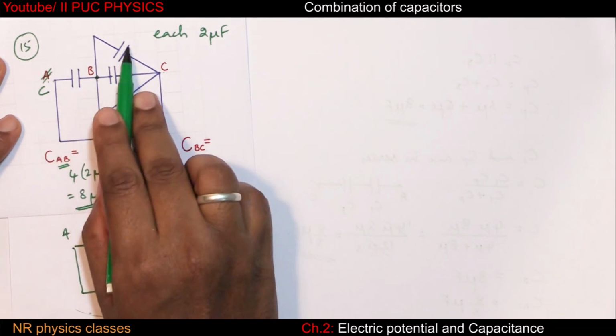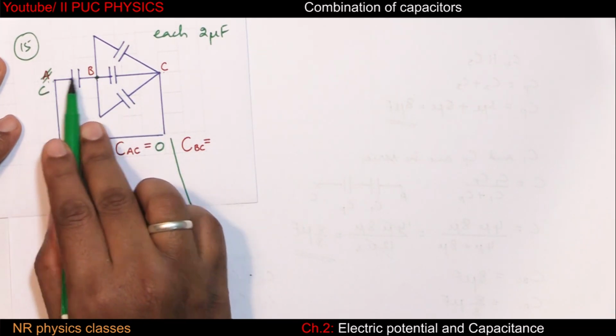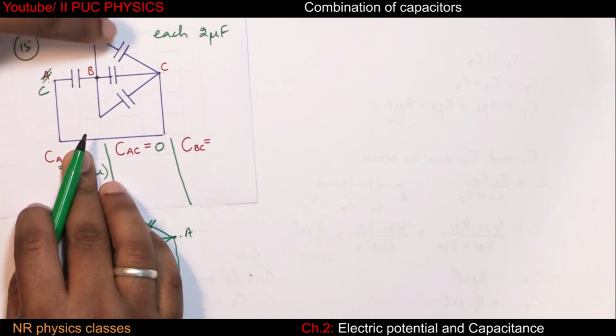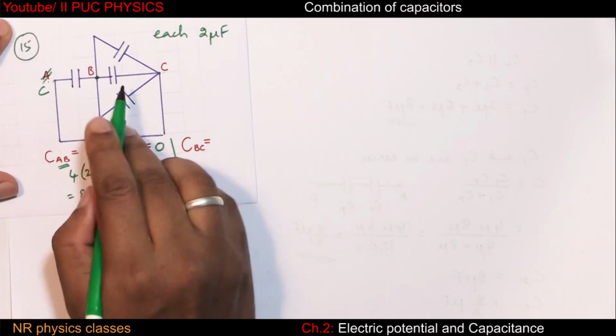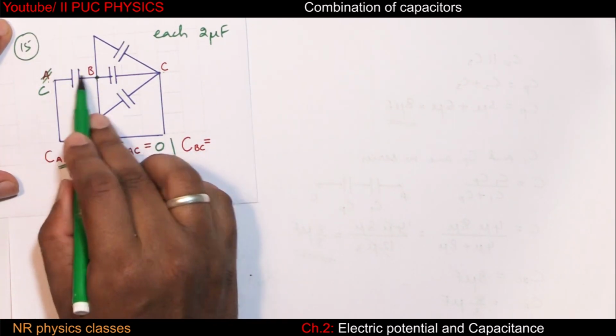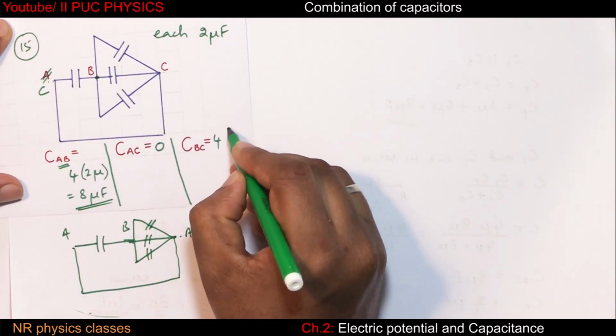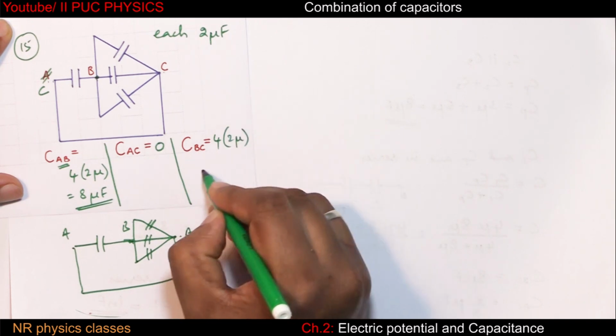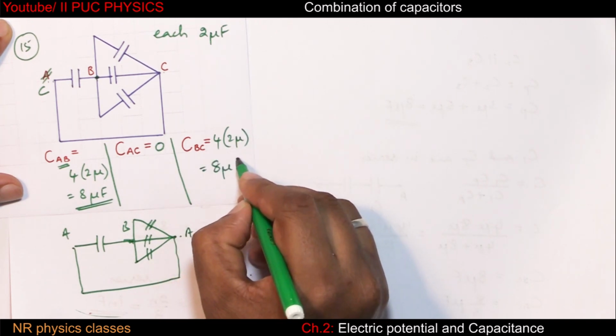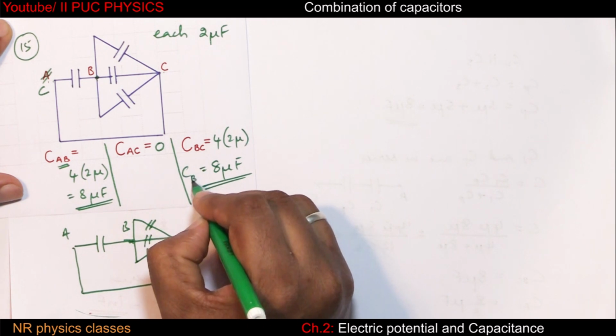Observe, these four capacitors are between B and C. B and C means these four are again in parallel. It is 4 times each equal to 2 micro, 4 times 2 is 8 microfarad. This is CBC.